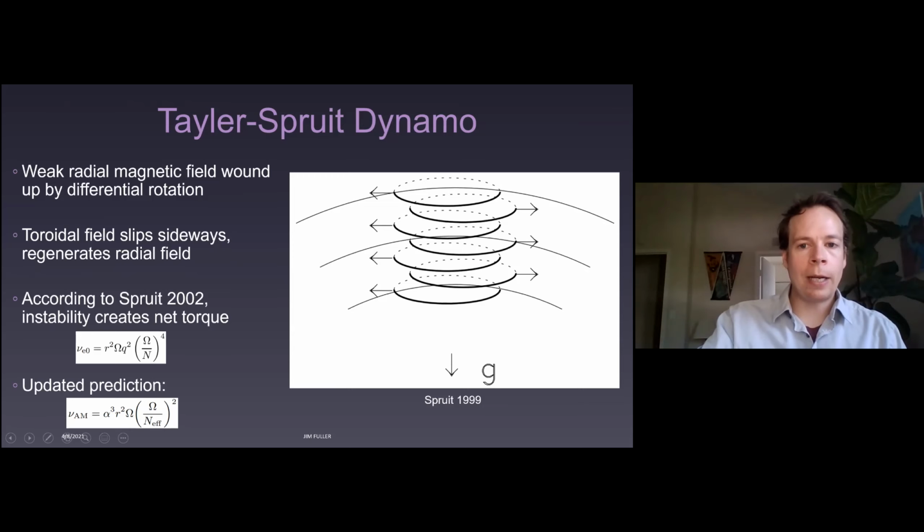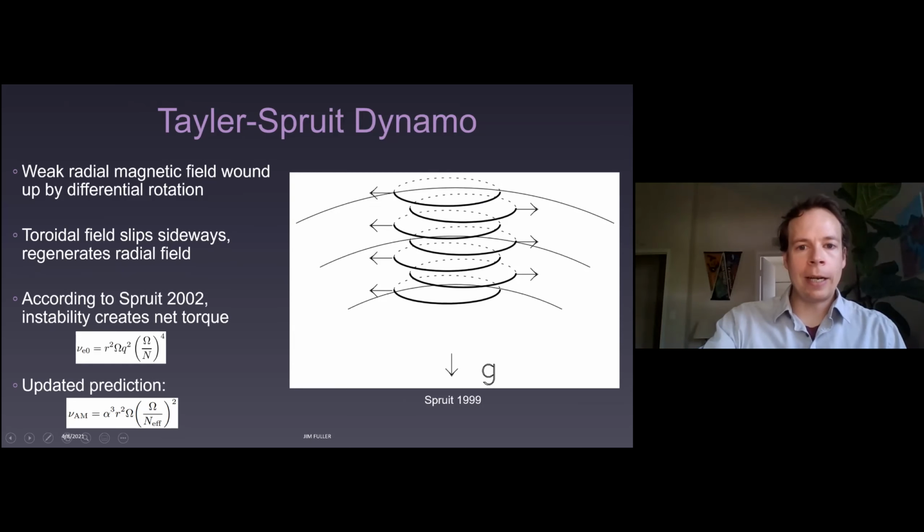And eventually the magnetic field gets large enough that it becomes unstable. And the first instability that we think happens is called the Tayler instability. That's similar to what happens if you take a slinky and try to twist it. It's going to tend to buckle and push out some loops to the side.